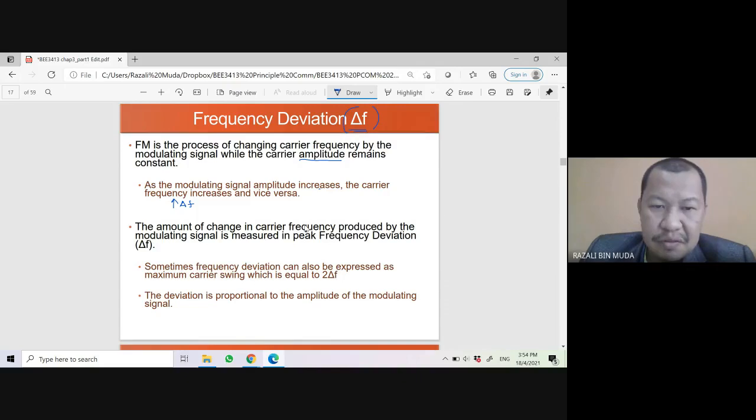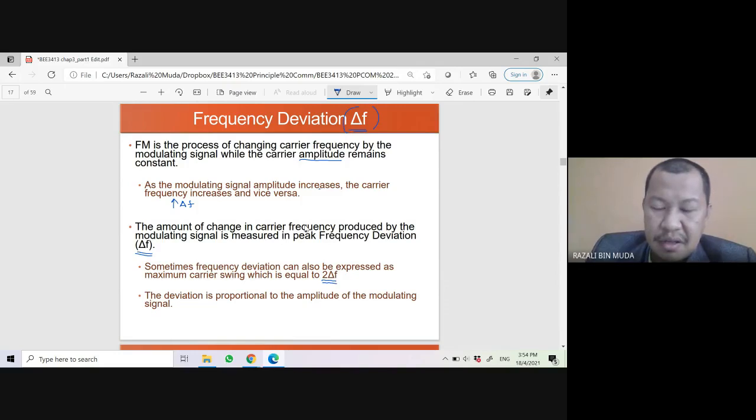The amount of change in carrier frequency produced by the modulating signal is measured as peak frequency deviation. Frequency deviation can also be expressed as maximum carrier swing, which is equal to 2 delta F.